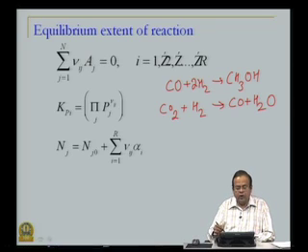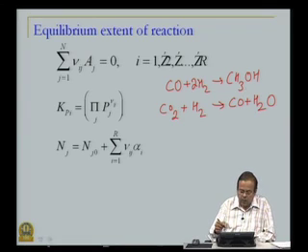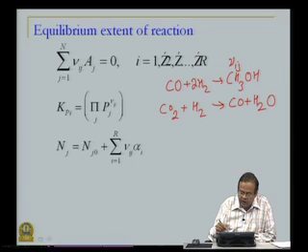So, now we have two reactions. For multiple reactions, it turns out that each of these reactions is at equilibrium. As before, we had defined nu 1j as the stoichiometric coefficients of all the species for this particular reaction, and nu 2j as the stoichiometric coefficients of all species for this particular reaction.